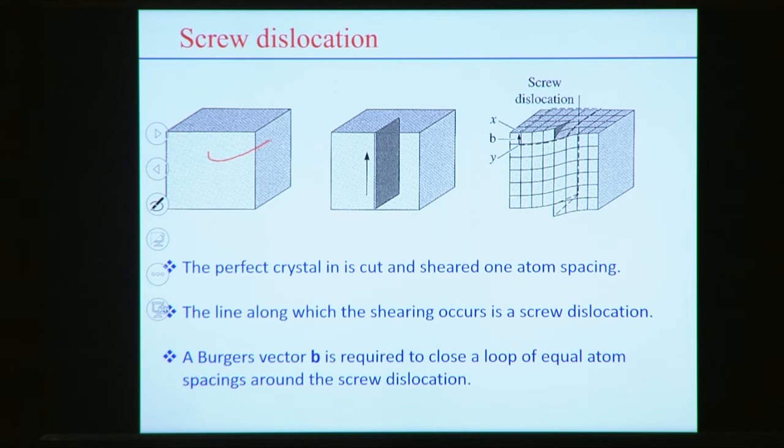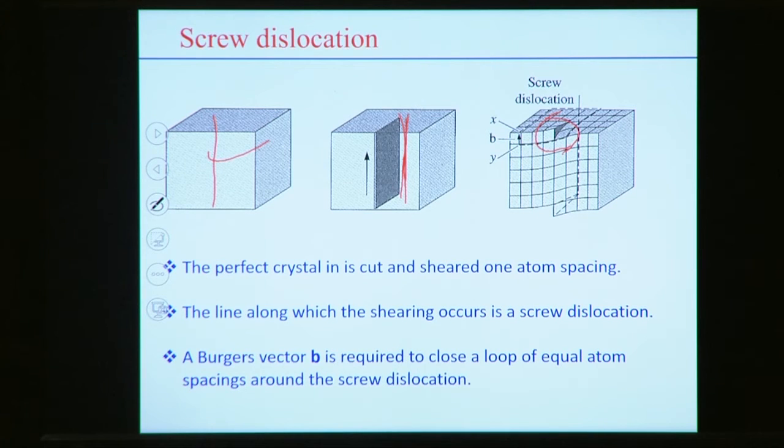So it is cut at a certain position and there is a shearing action on this cutting plane, and the line along which the shearing occurs is a screw dislocation. With respect to that line, there is a shifting of one lattice point, and that represents the screw dislocation.